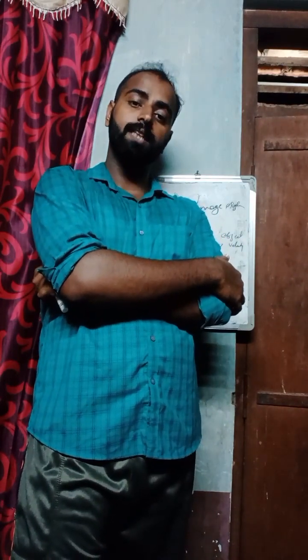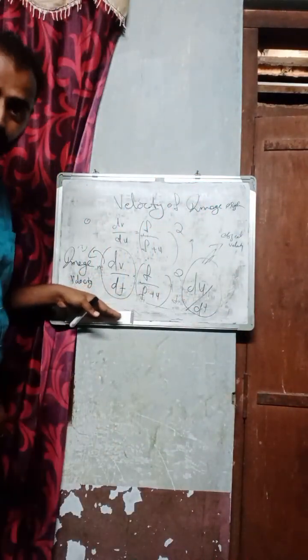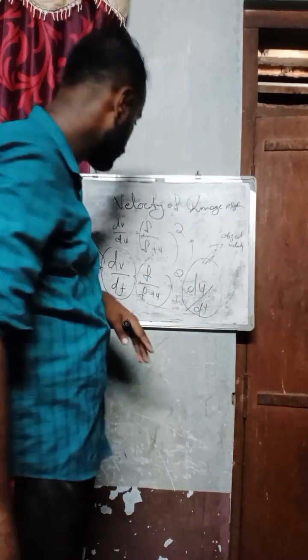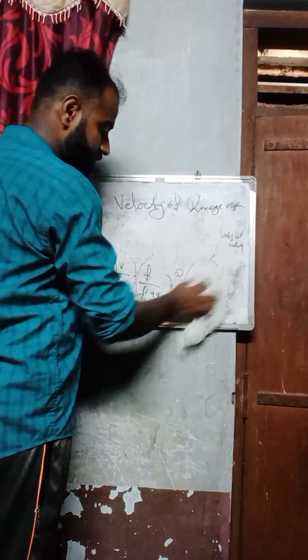Maybe it is given in the ground frame; we will change that to the lens frame. The lens is moving. Then after solving the problem, the answers will be in the ground frame, so we have to change back into the ground reference. All these velocity terms are with respect to the lens. So this is the first equation.